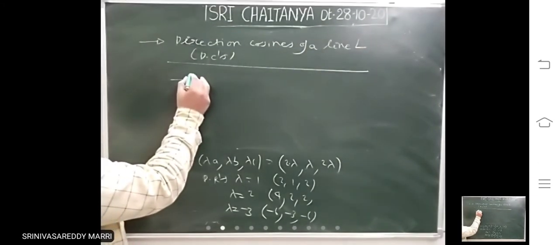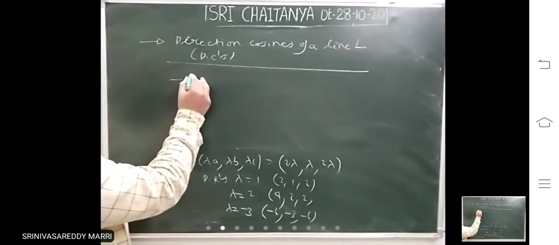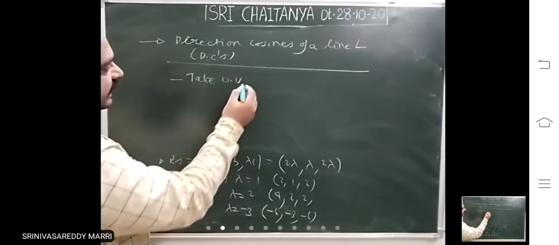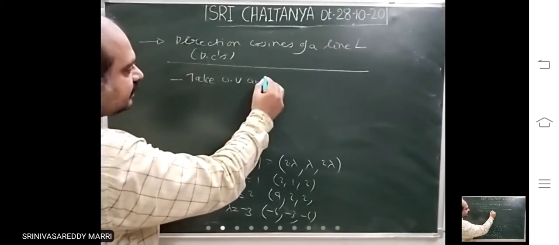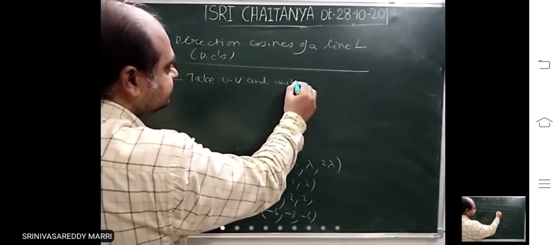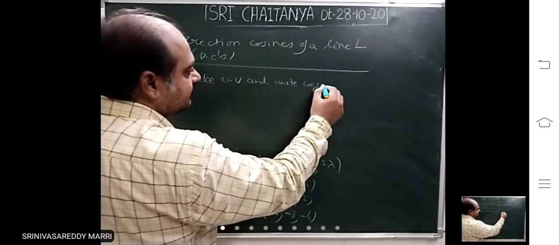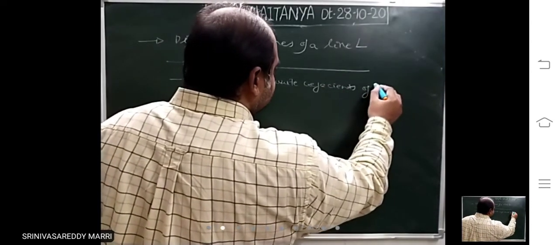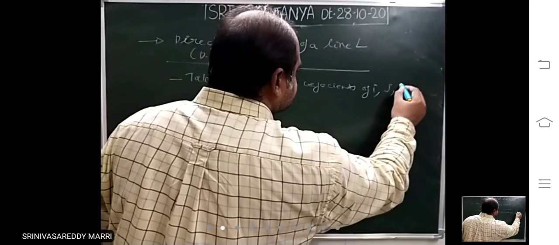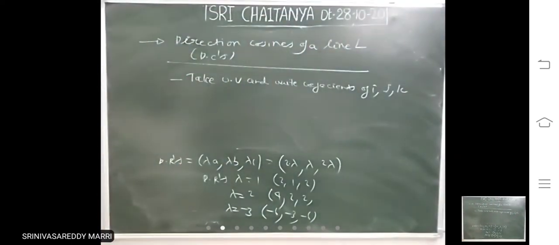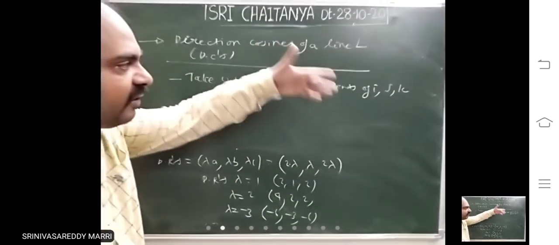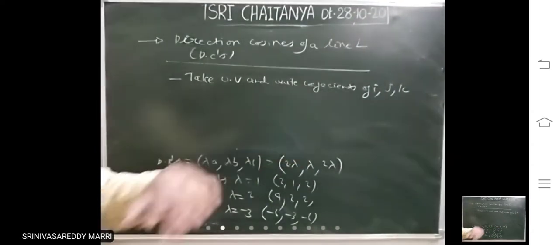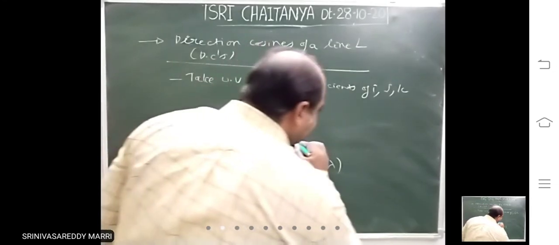So just take a unit vector and write the coefficients of I, J, K. Those are nothing but DCs. Instead of taking a vector, what will we take to calculate DCs? Take a unit vector along that line or parallel to that line.